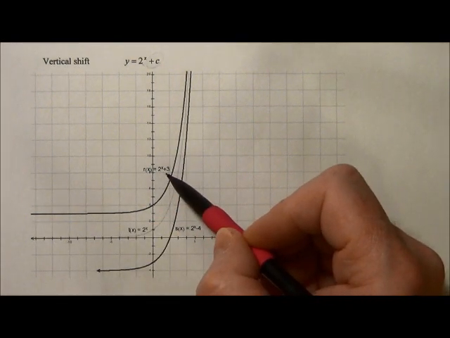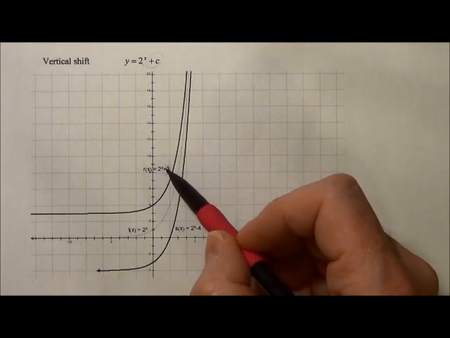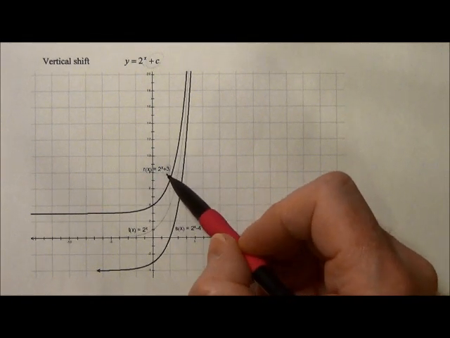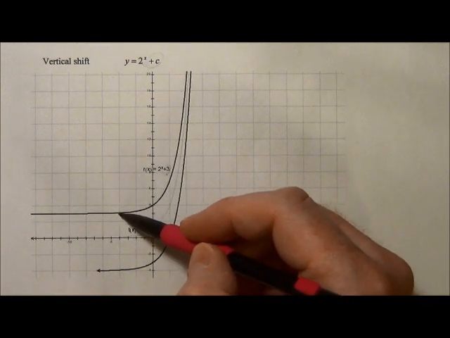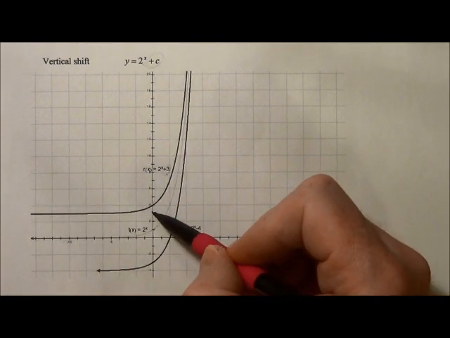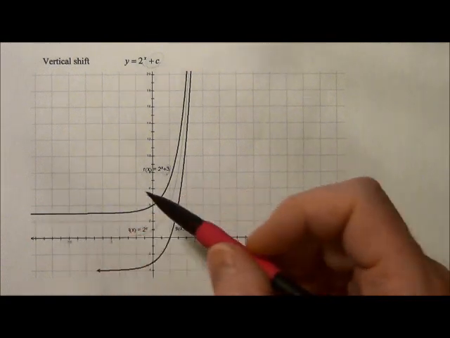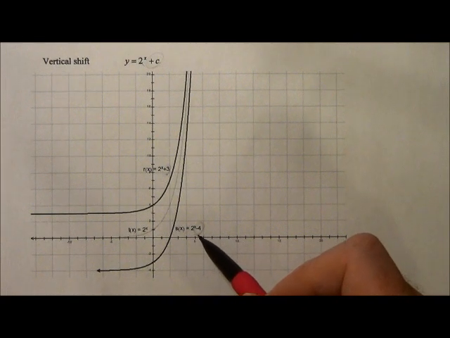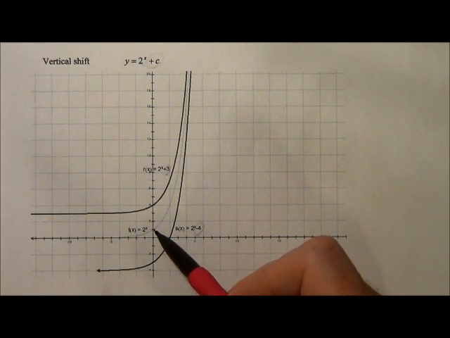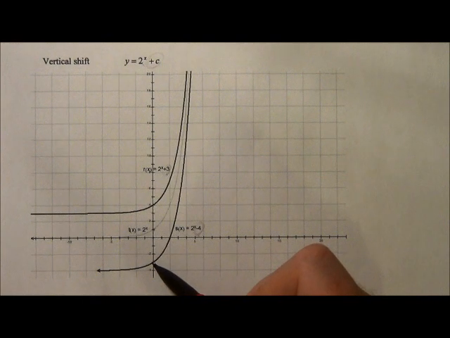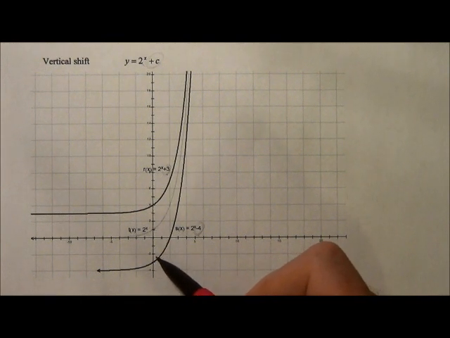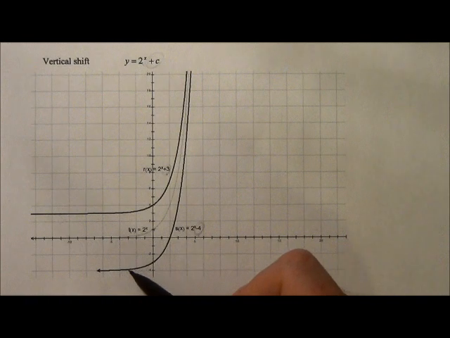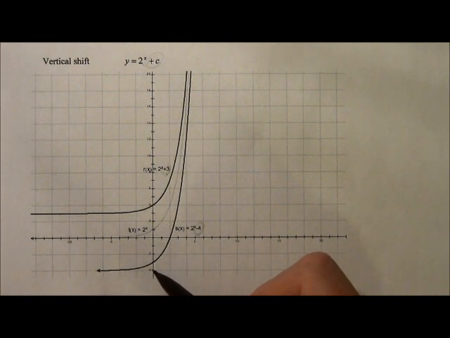For the transform function, where the vertical translation is up 3 units, that horizontal asymptote as x approaches -infinity is y equals 3. When the vertical translation is down 4 units, we see that the y-intercept, instead of being 1 for the original, is now at -3, and the horizontal asymptote as x approaches -infinity is actually -4.